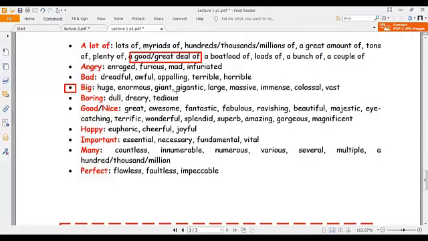The first G is "ja," the second G is "ga": gigantic. Large, massive, immense, colossal, vast. Next, boring: dull, dreary, tedious.